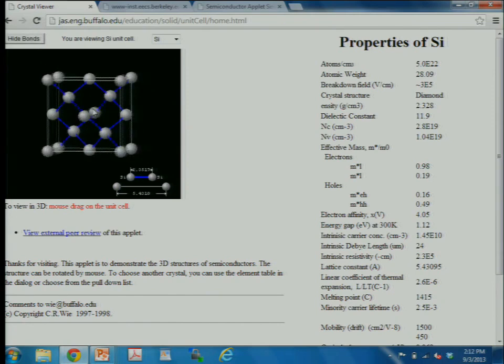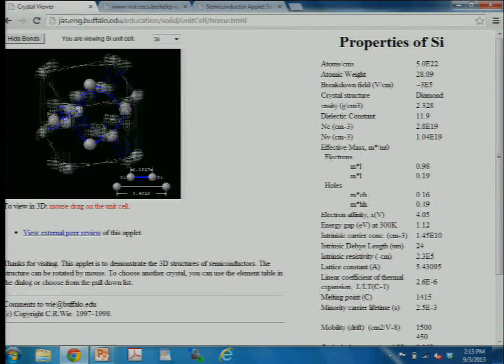The reason you can just specify a family of planes, like the 100 family of planes, is that it doesn't matter which face of the cube you look at; the arrangement of atoms looks the same. That's what I mean by a family of equivalent planes. This view is what you would see looking at any 100 or 010 or 001 plane.